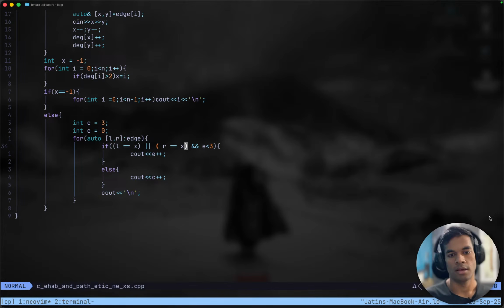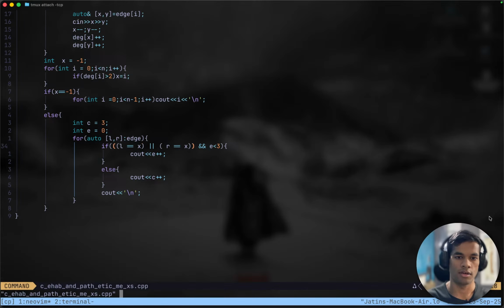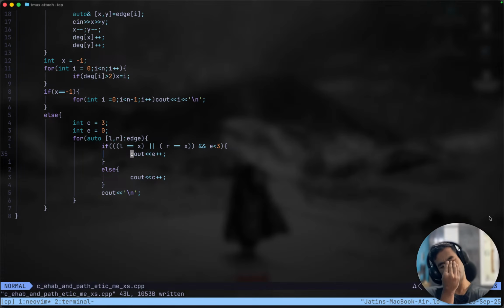one of them, if it is equal to x. And if the error was because of these brackets, then I'm going to kill myself.